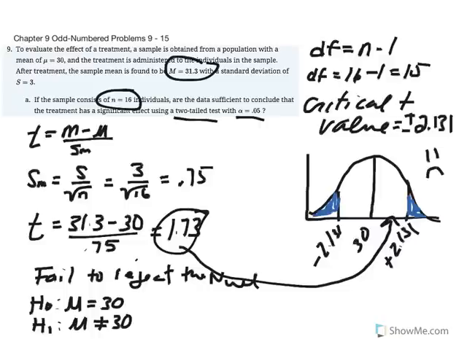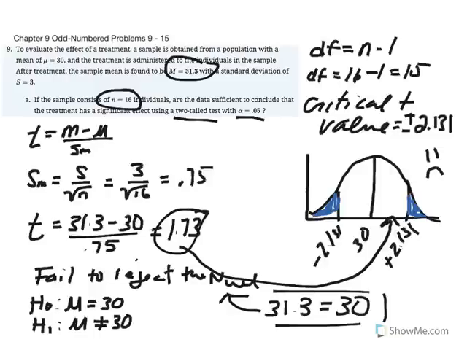And in this case, our sample mean, which is a representation of the treated population, was equal to 31.3. Numerically speaking, we would agree that 31.3 does not equal 30, but statistically speaking, what we've just concluded based on our t-statistic is that 31.3 is equal to 30, because we failed to reject the null.